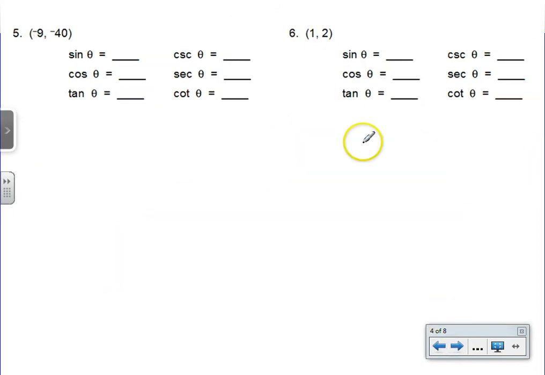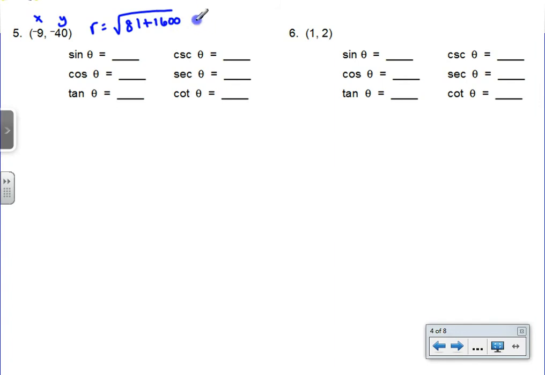Okay, well that was fun. Number 5, we've got an x, we've got a y, we need an r. So, Pythagorean theorem, let's see, that'll be 81 plus, oh, yuck.